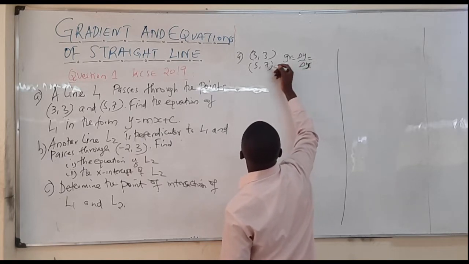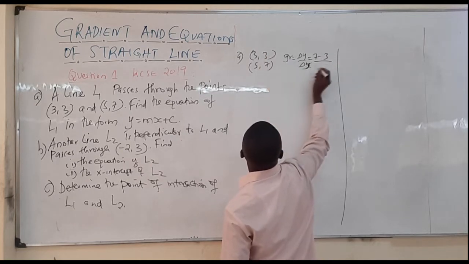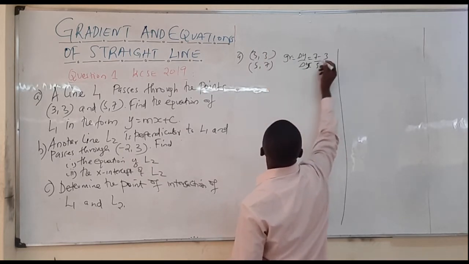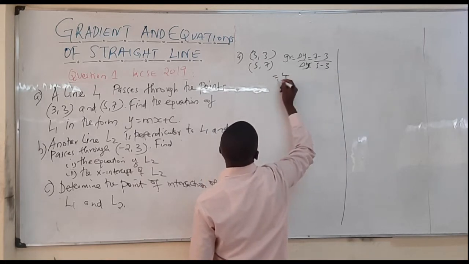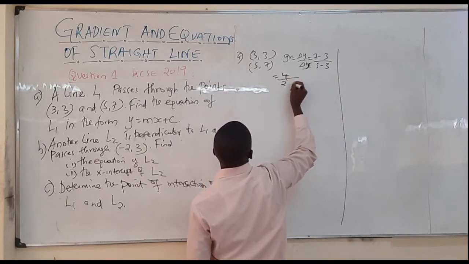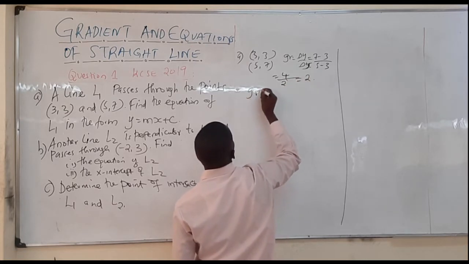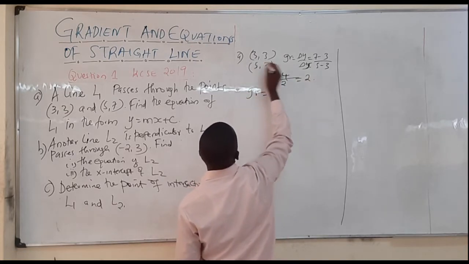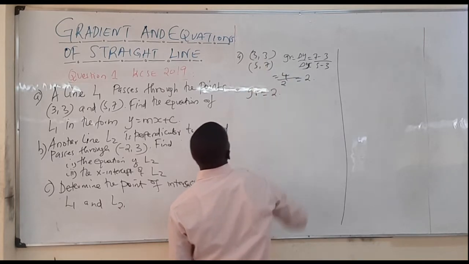In this case, we have (7 - 3) divided by (5 - 3). 7 minus 3 is 4, and 5 minus 3 is 2, 4 over 2 is 2. So the gradient of line 1 is 2.